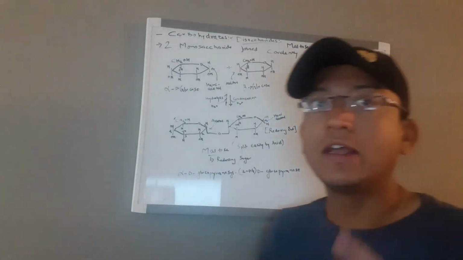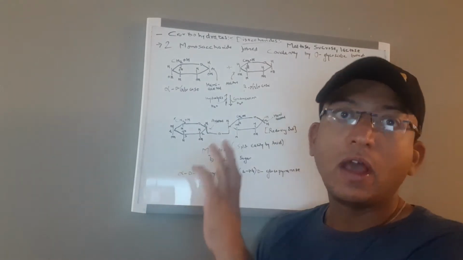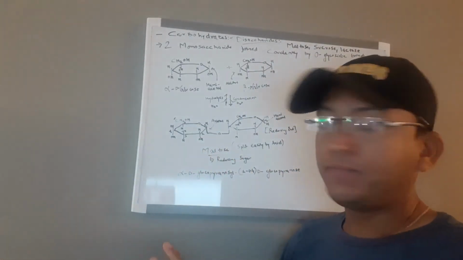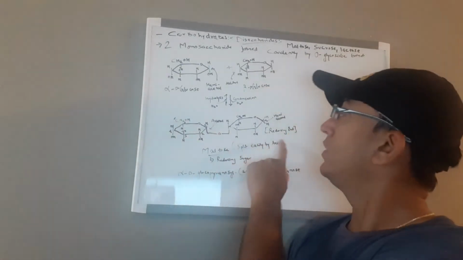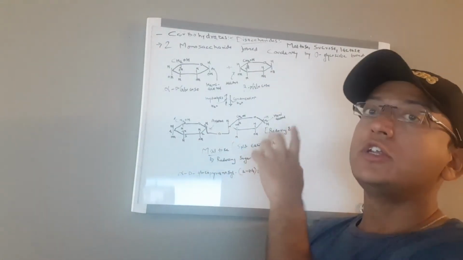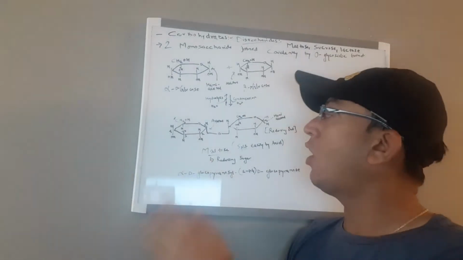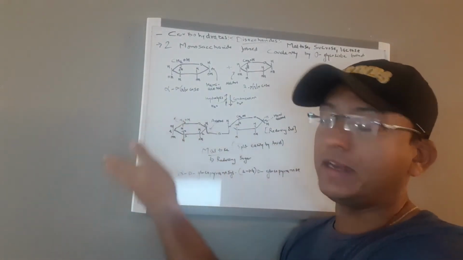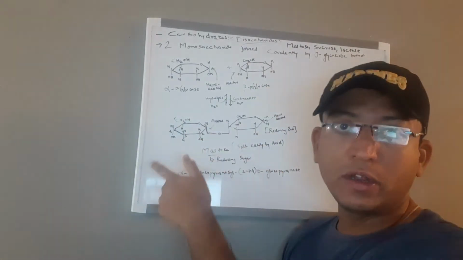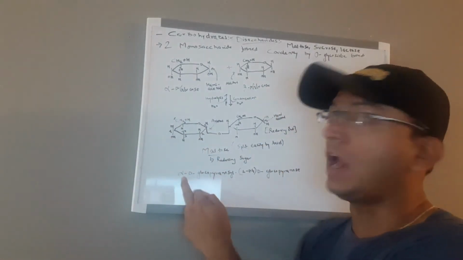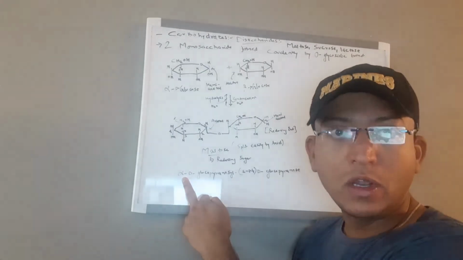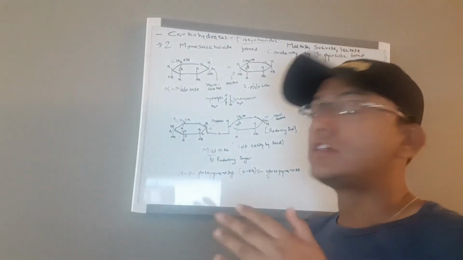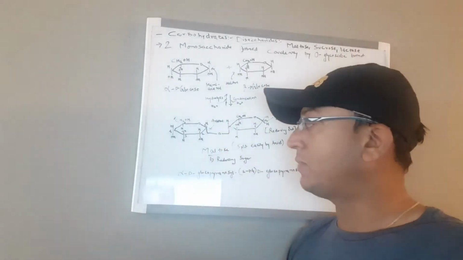First, give the configuration, alpha or beta, at the anomeric carbon, right here, joining the first monosaccharide unit on the left to the second. So we'll just put alpha or beta at the first. Second, name the non-reducing residue, distinguishing a 5- or 6-membered ring.